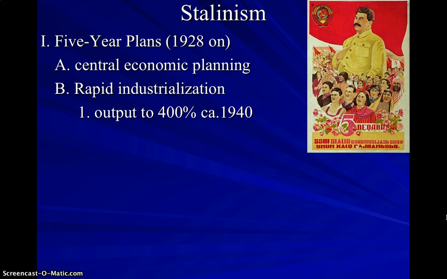So here's an example. Supposedly in 1935, there was a miner named Stakhanov who mined 14 times his daily quota and became a national hero that others can emulate. So many times these goals were achieved, but it did take its toll on the workers because the quotas were so high, wages were low, and they're often using forced labor from prison inmates who they needed more prison inmates, so they often just put people in prison.